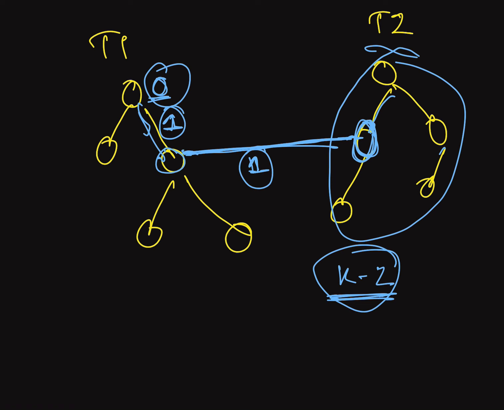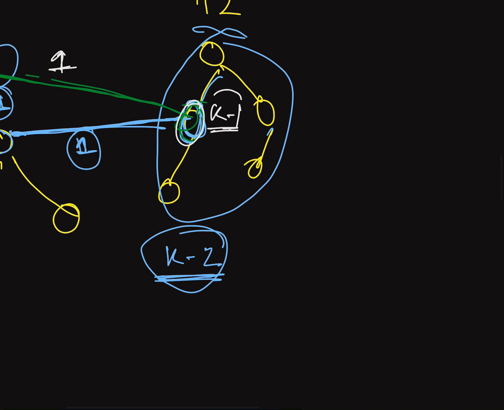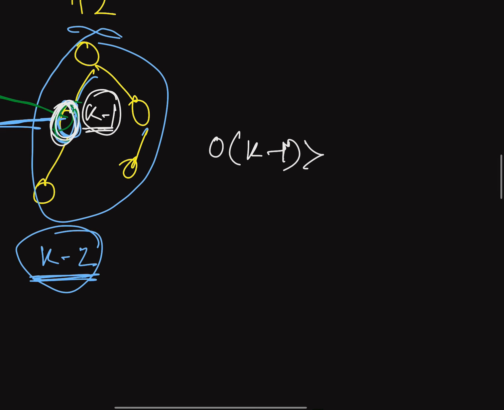Now if I connect this node 0 and this other node, then I have taken only one edge here, and here I have to check k minus 1. So if I check how many nodes are at distance k minus 1 from this node, this will always be greater than or equal to the count at distance k minus 2.